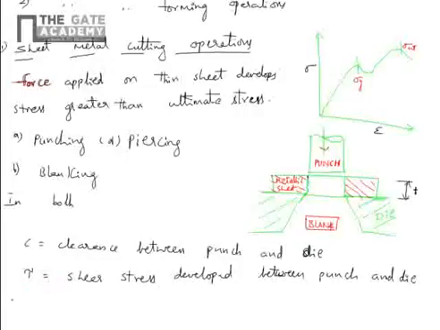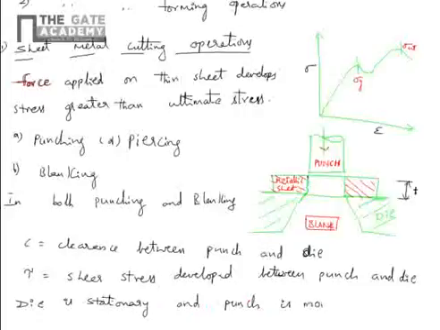One by one we will go. The common points in both punching and blanking: the die is stationary in both cases, and the punch is always moving.